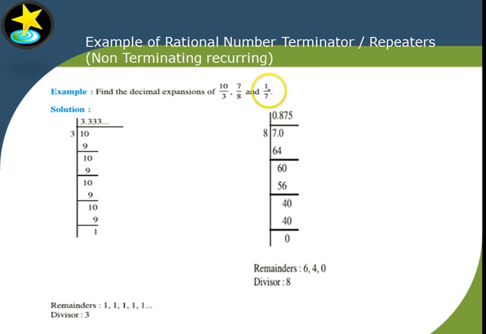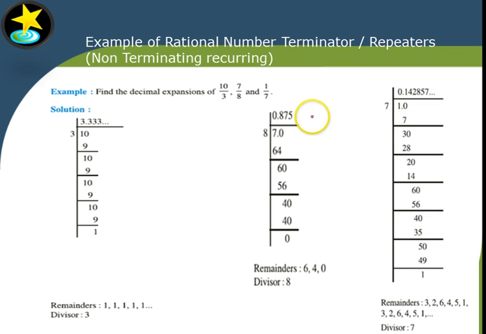Then you put a 0 because of this decimal, and you multiply 8 with 5 to get 40, and all of these cancel. This is the place where the remainder becomes 0, and you have no need to move forward. This is where the decimal representation of 7 by 8 has terminated after digit 5.